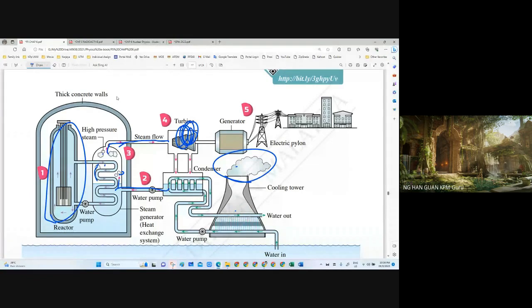If they have no suitable location, they will build it in the middle of the land, far away from the city, and then have pipelines to supply the water. There will be an additional cost. And it cannot be very far away from the city, because then you will have a problem with the cables transmitting the electricity.